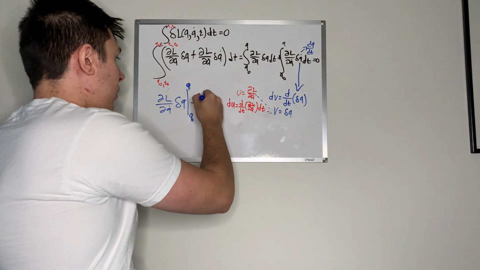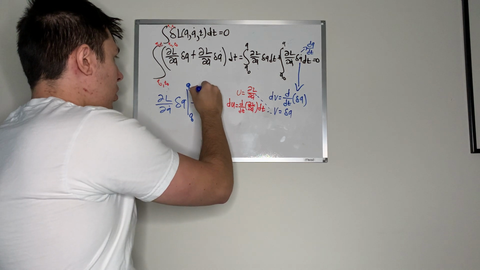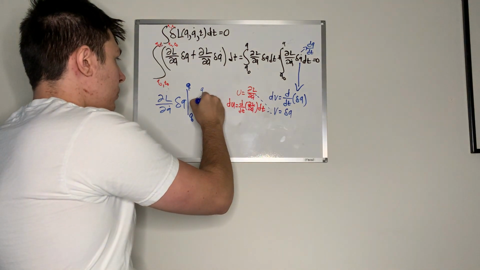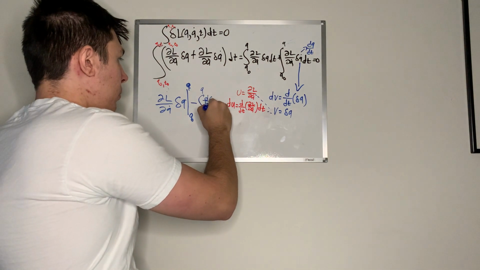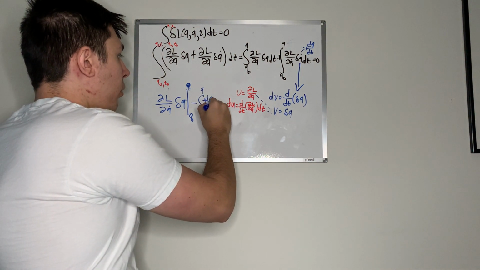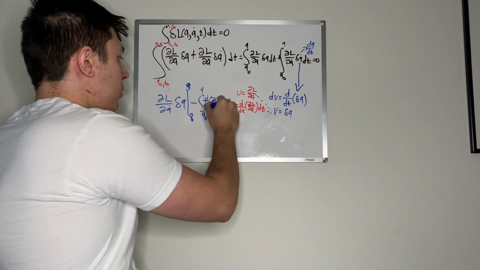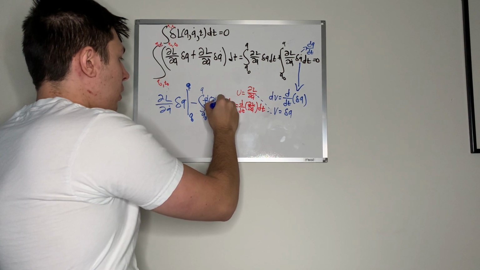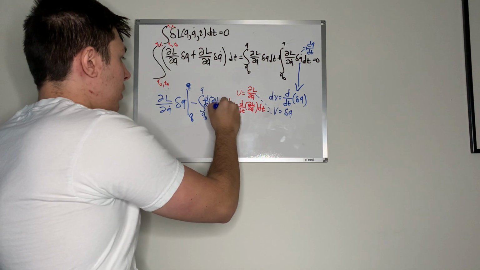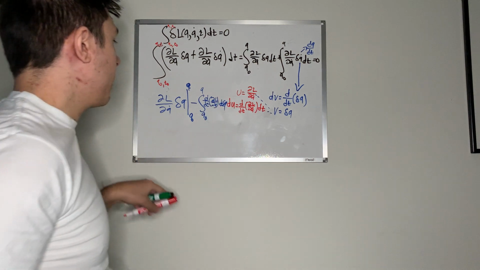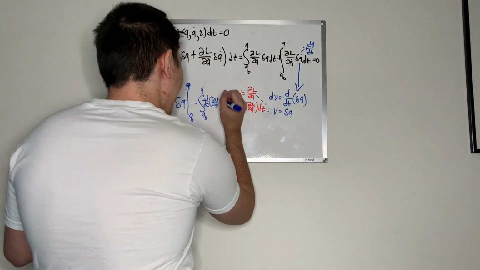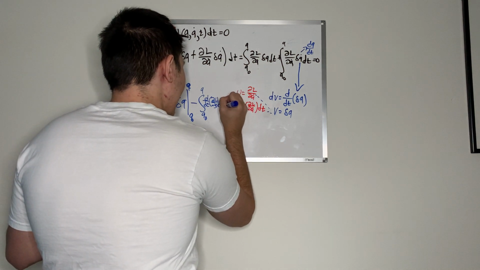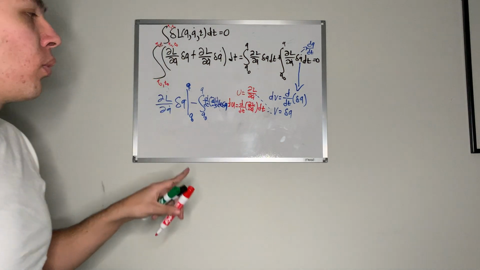So minus this junk, partial L, partial q, dt, delta q. Okay, looks like junk, whatever, right?